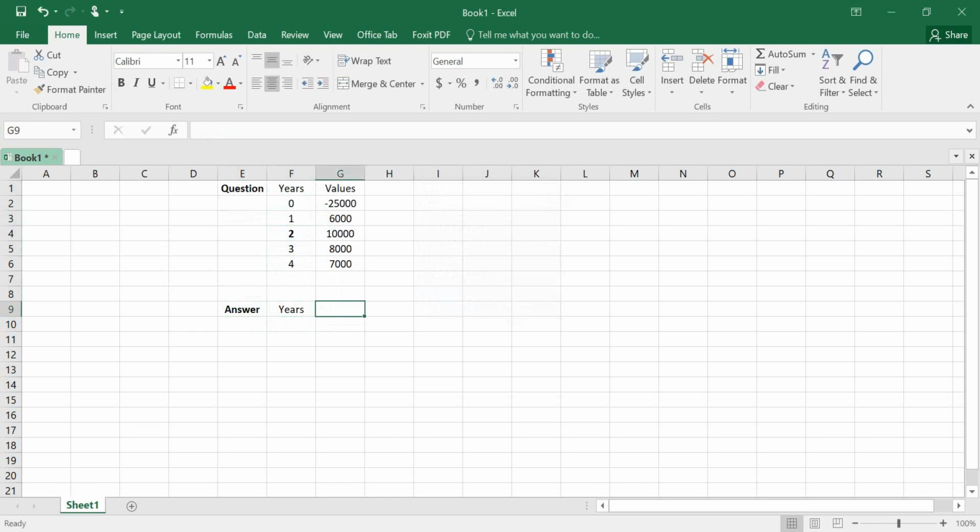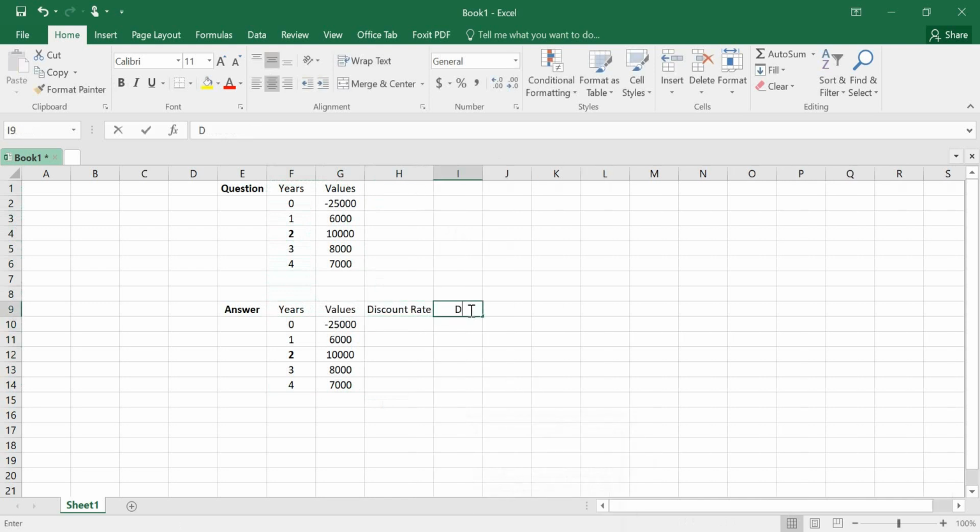Then we will simply take these values, or we can even copy and paste them. Now we have the discount rate here, and then we have discounted cash flows.